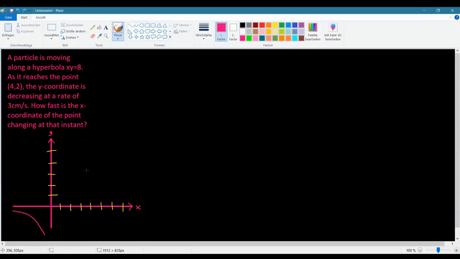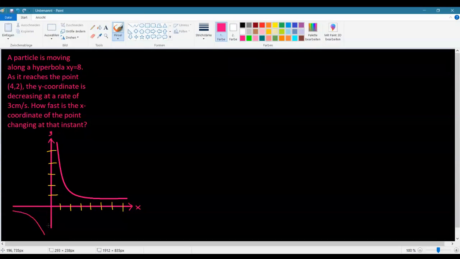Let me redo that. That doesn't look right. Well, tools are quite something. Okay, now there we go. That's more like it. So we have this hyperbola.